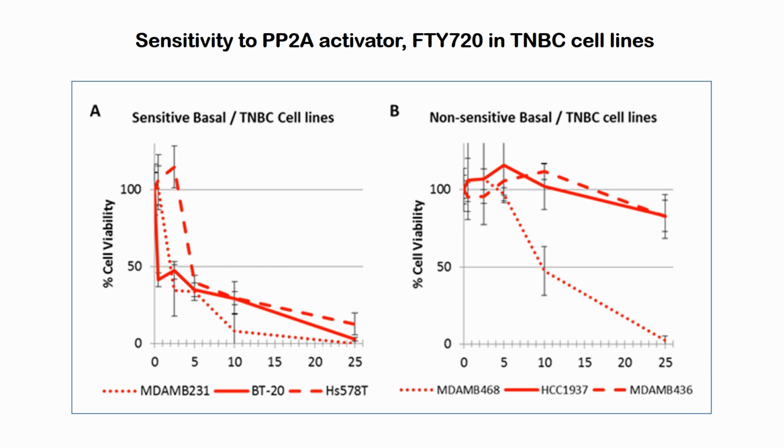So basically here we can see that there are TNBC cell lines that are sensitive and those that are non-sensitive, and we studied further these six cell lines as two groups.